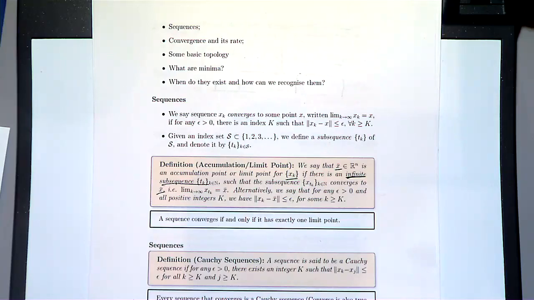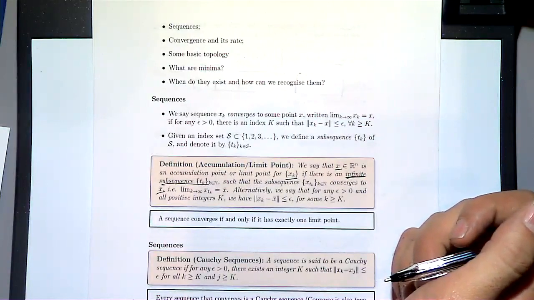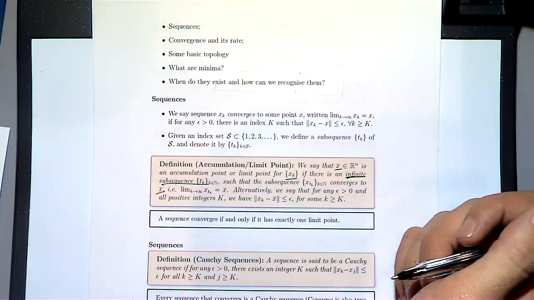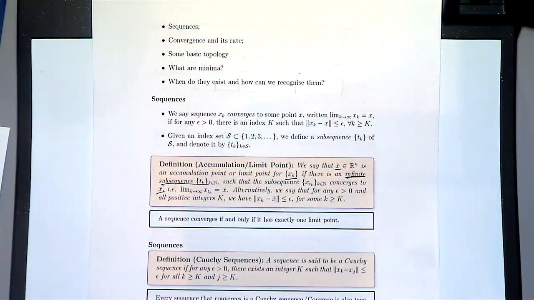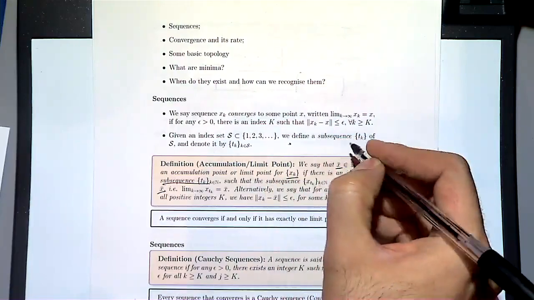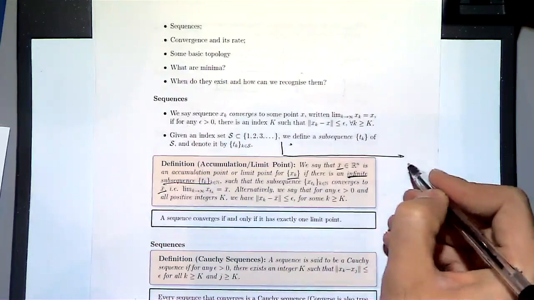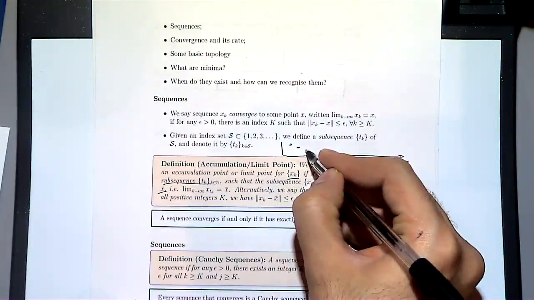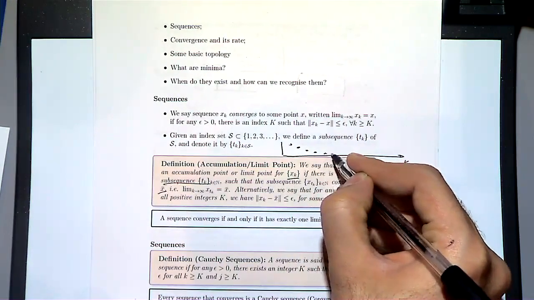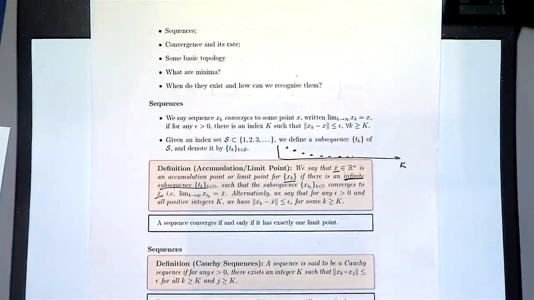And an example just to visualize this: imagine this is my sequence. This is the label k, the time, the index. That's the value of the sequence.